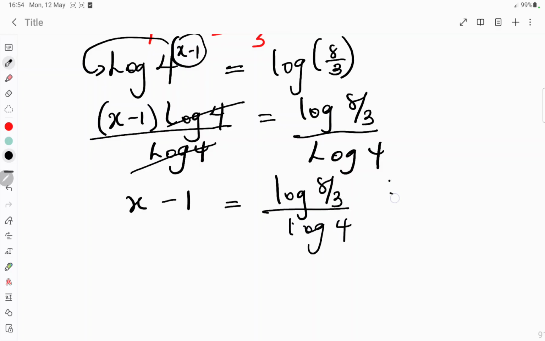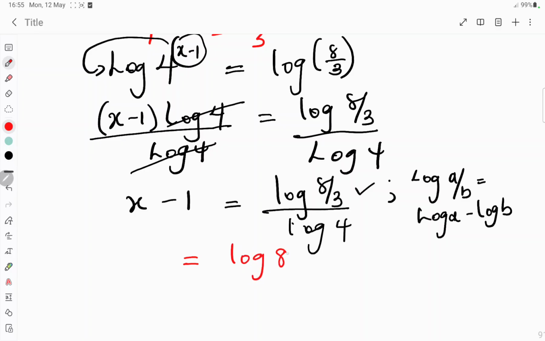When you have log a over b in logarithm, it is the same thing as log a minus log b. If you apply it to the numerator, we'll have log 8 minus log 3, divided by log 4.